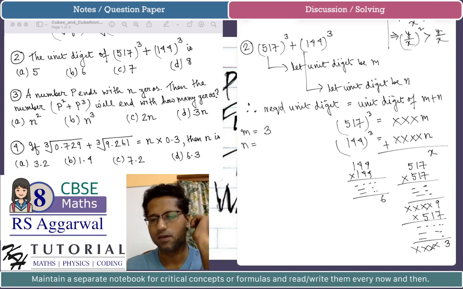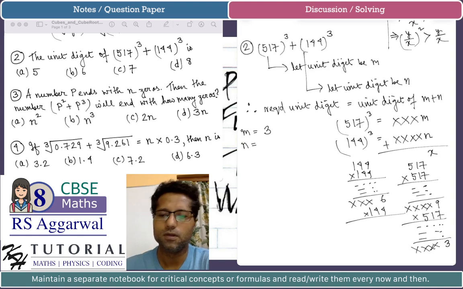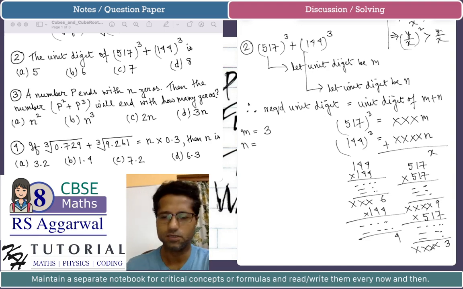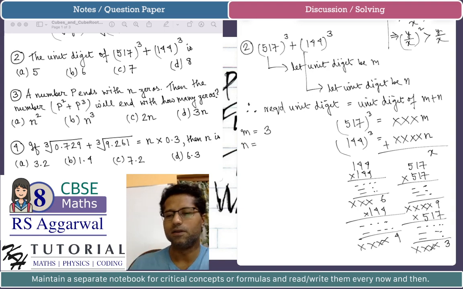Okay, and there will be some digits over here. And when we again multiply by 114, then obviously the unit digit will be 4, because 6 into 4 is 24. So the unit digit will be 4 and there will be some digits. So ultimately the unit digit of the cube of 114 will be 4.